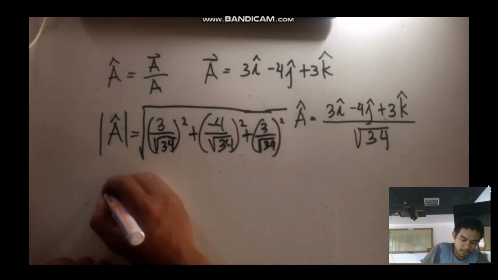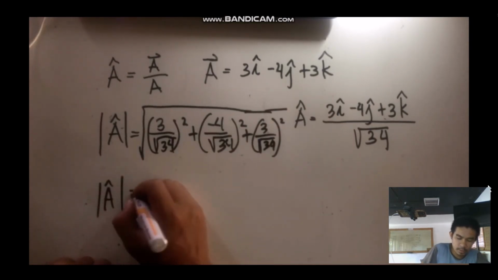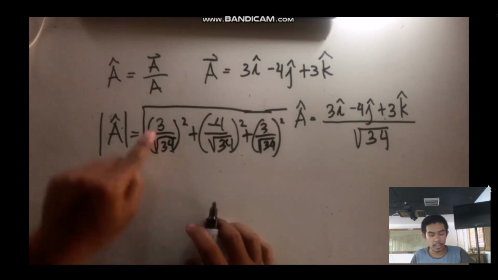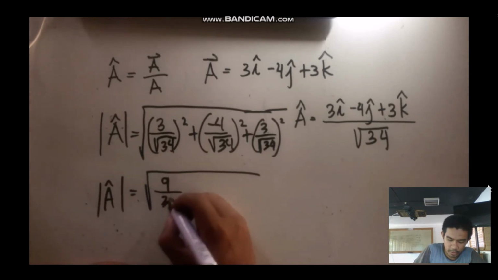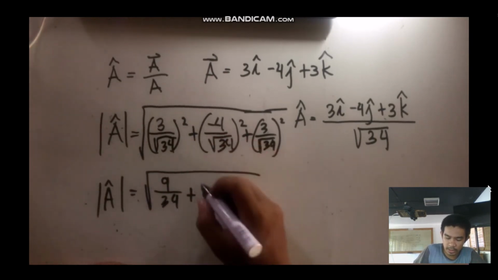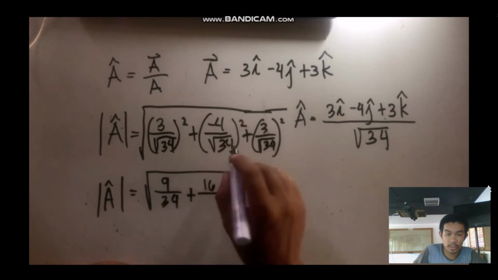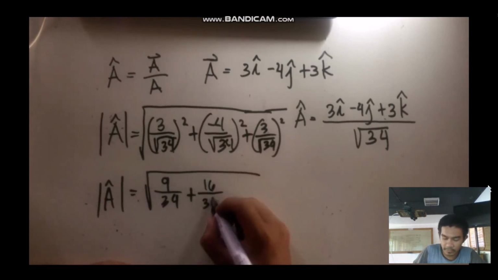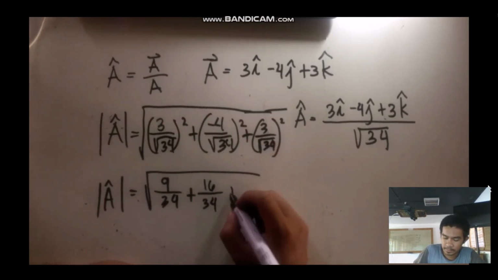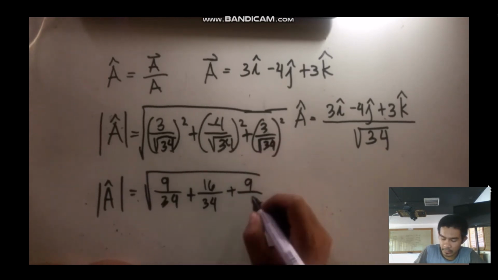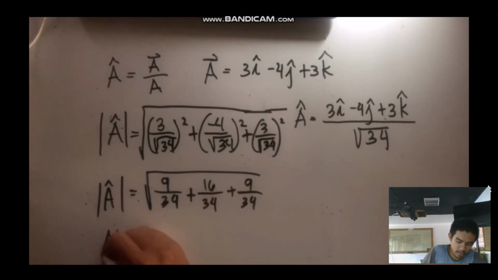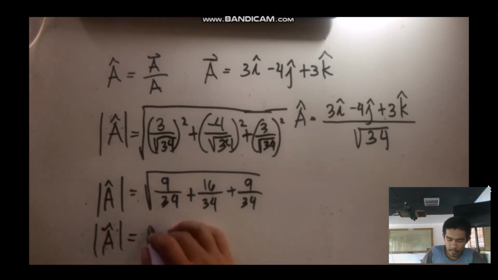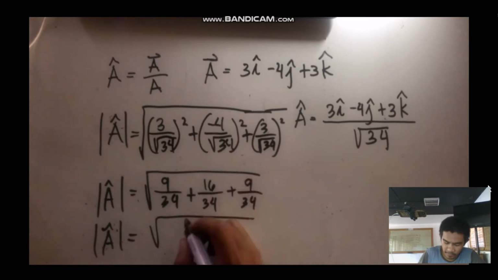So 3 squared is 9, over 34, plus 16 over 34, since the square of the square root of 34 is still 34, plus 3 squared is 9 over 34. Then 9 plus 16 plus 9 is 34 over 34.